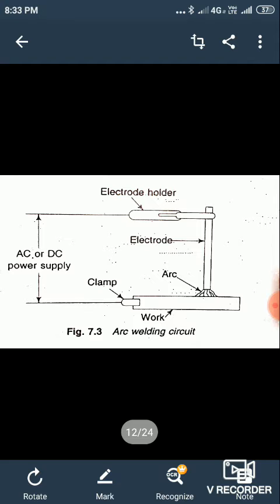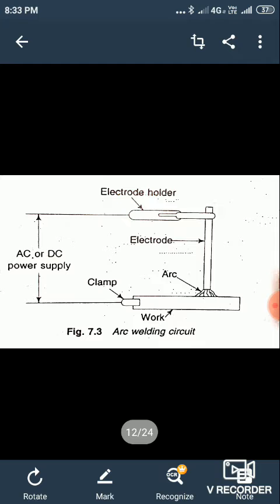Next, we'll go into the working of the arc welding process. Here we can see an electrode holder, an electrode, and a workpiece, all connected to the power supply. The electrode is held by means of an electrode holder, and the workpiece is kept on a metal work table.